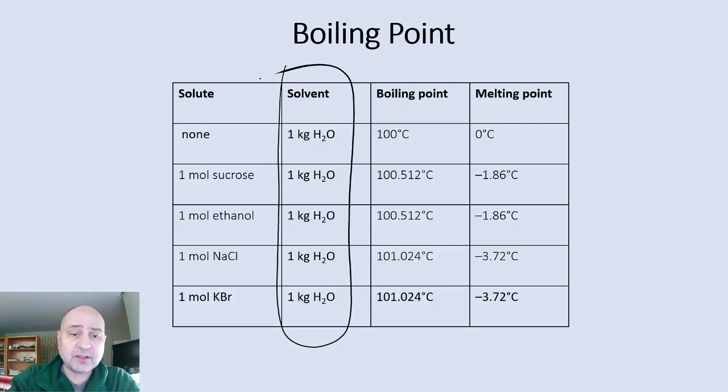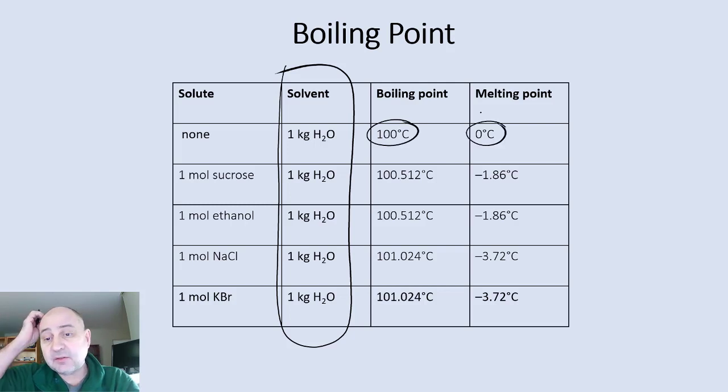If we just have pure water, it boils at 100 degrees and it freezes at 0. If we put 1 mole of sucrose into that, the boiling point will go up by 0.512 degrees, and the freezing point will go down by 1.86 degrees.